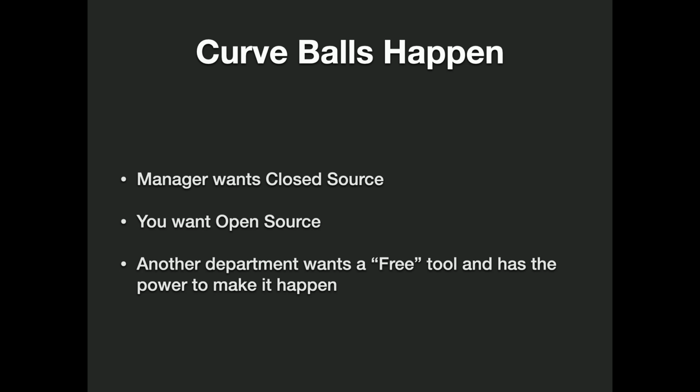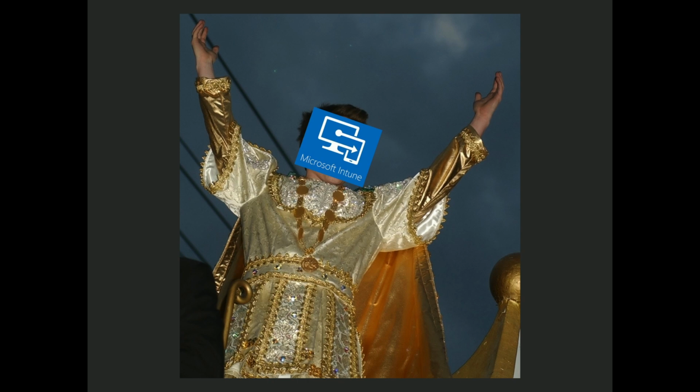Another department will sometimes win out and push us through something completely different entirely. In this scenario, finance overrules us and our manager and picks Intune because it's free through our Microsoft 365 package. And everyone's happy because no one's happy.